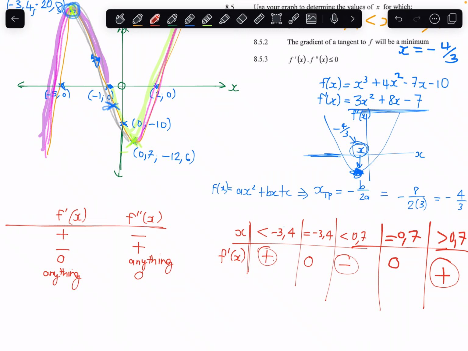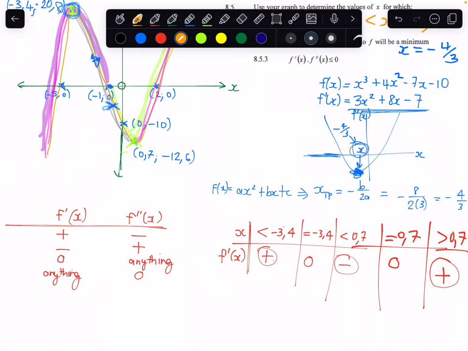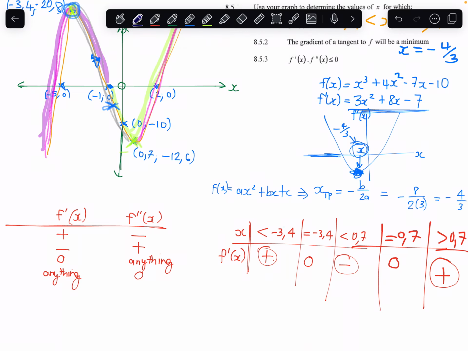For f double prime, we're going to need to differentiate first. So f double prime, we're going to differentiate this, so that will be 6x plus 8.